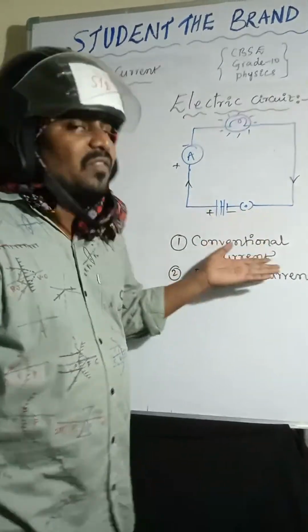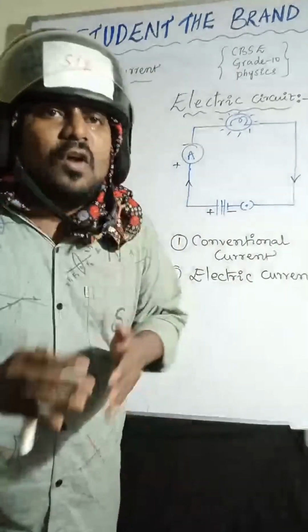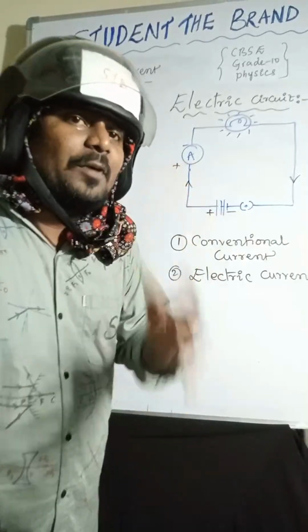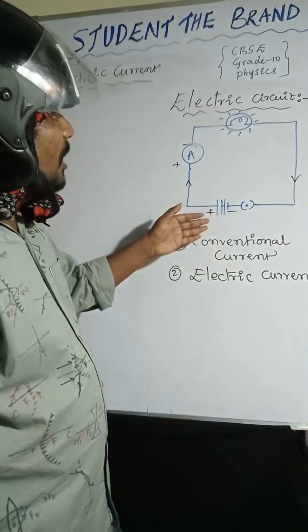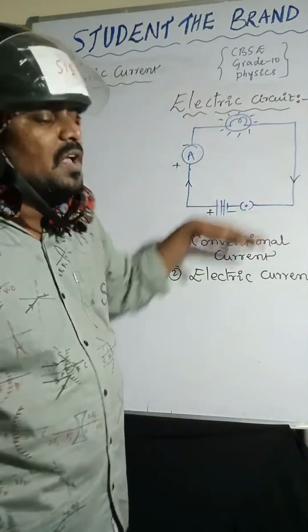Flow of positive charges is considered as conventional current, because positive charges are moving inside the conductor from positive terminal to negative terminal.